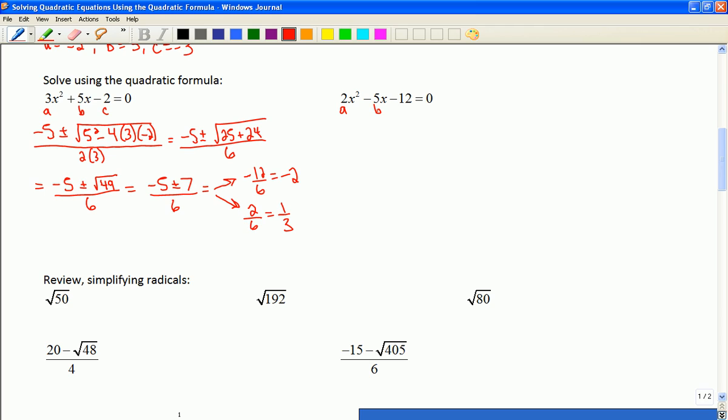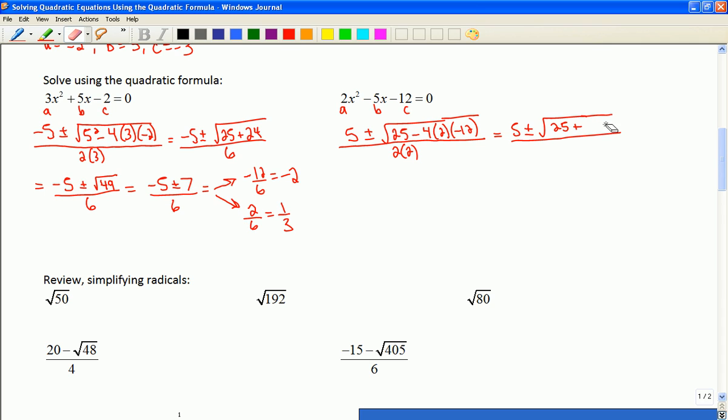So again here, I have A, B, and C. I can fill them in as negative B plus or minus the square root. So B squared is going to be 25 minus 4AC. And we're going to divide this by 2A. So 5 plus or minus square root of 25 plus 72.